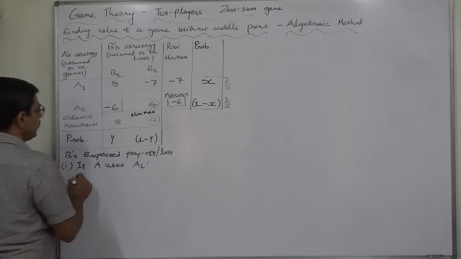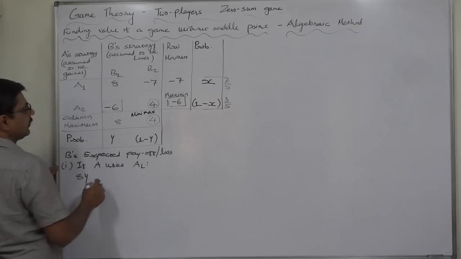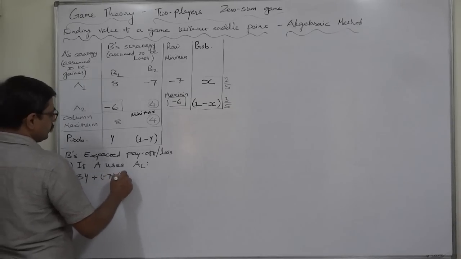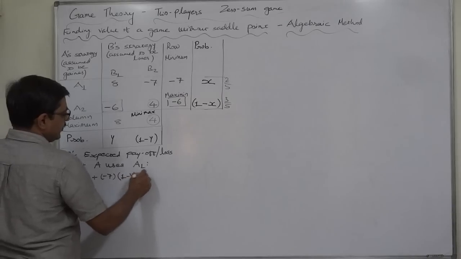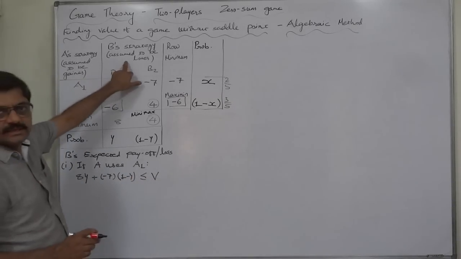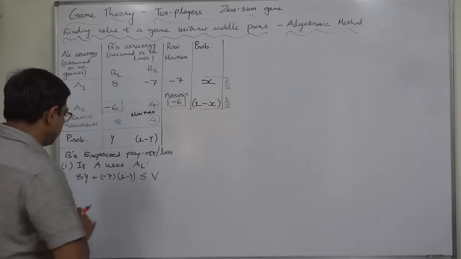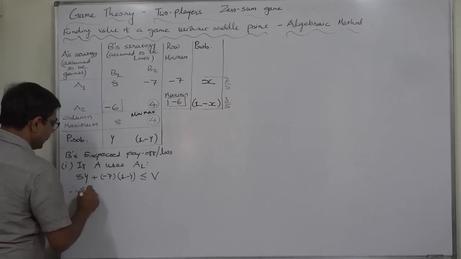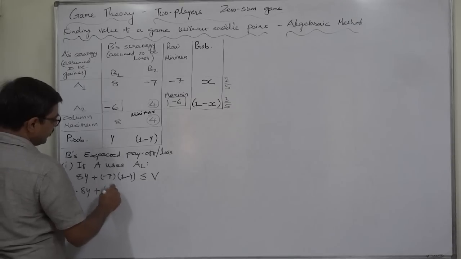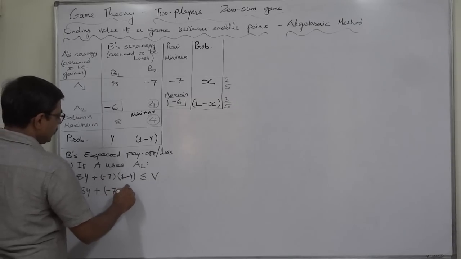So it will be 8 into y plus minus 7 into 1 minus y less than or equal to the value of the game, because B is the loser. That means 8y plus minus 7 into 1 minus y, which is minus 7 plus 7y.